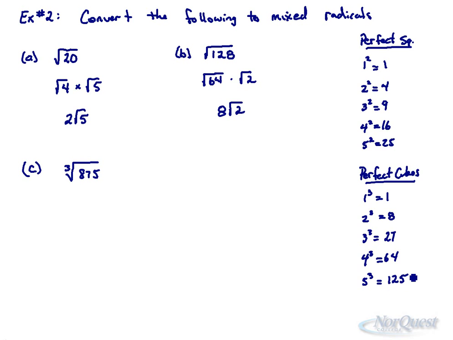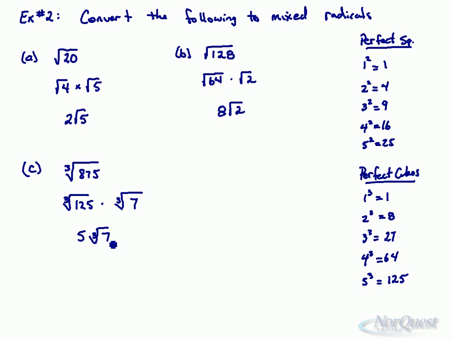So 875 can be written as the cube root of 125 times the cube root of 7. Simplify: the cube root of 125 is 5, so we get 5 cube root 7. So this is considered to be simplest form.